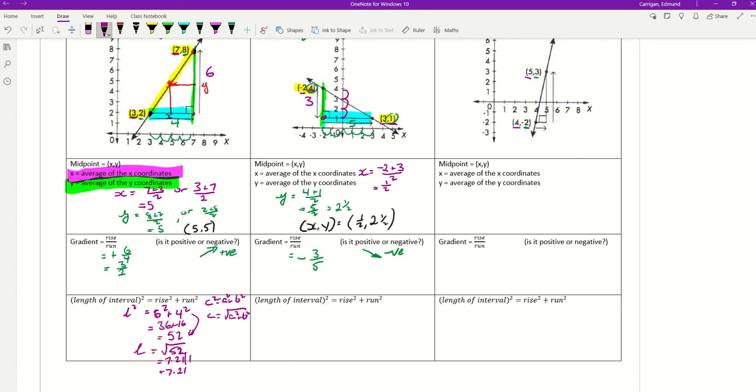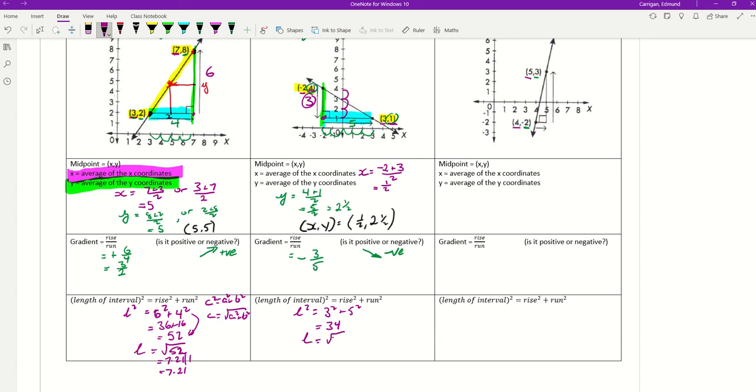Okay, looking at my next one over here, again I've got L squared is equal to the rise, which is 3 from up here. My run is 5, plus 5 squared. This time round I'm just going to put them straight into my calculator to get 9 plus 25, my calculator's my head, equals 34.